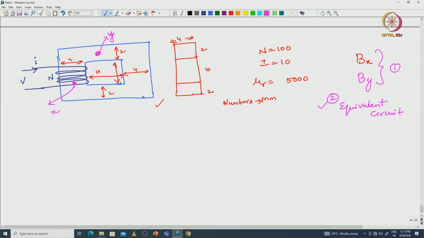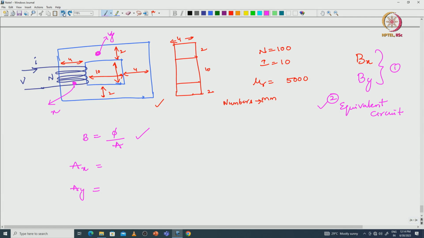So, to find the B fields at different points, we should know the area, right. Flux density is nothing but phi by A, flux per unit area, right. So, first we will calculate the areas Ax and Ay. The cross sectional area with respect to the x portion is nothing but width into depth, right.